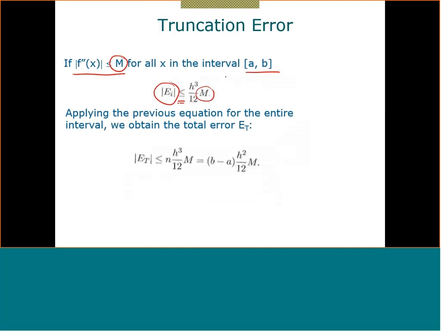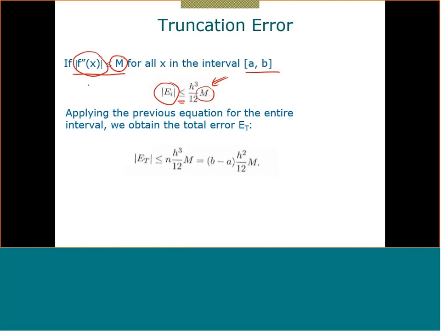I will see how I can find this; we will see some examples. So now I know that my error is less than or equal to this value, which is a function of two things: h cubed and m. M is the maximum: the absolute value of the double derivative is less than or equal to this m value.